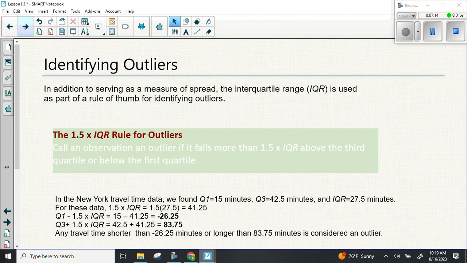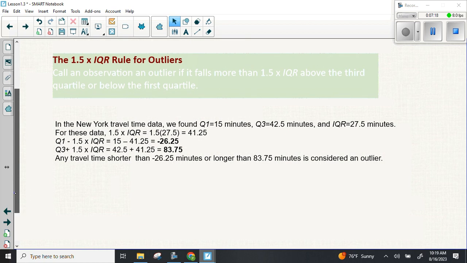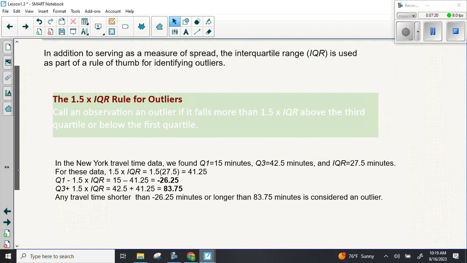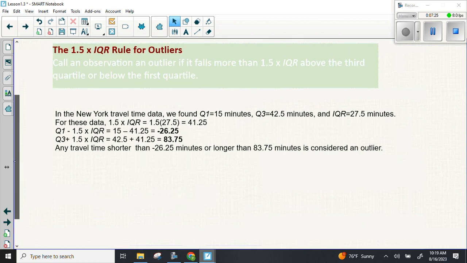All right, the 1.5 times IQR rule for outliers says that, I'll just write it for you.